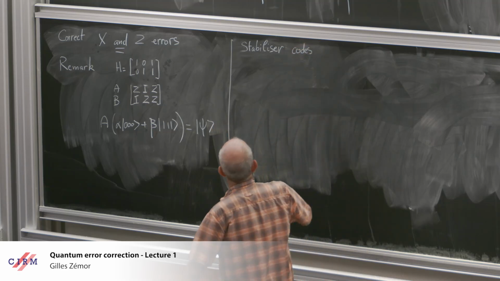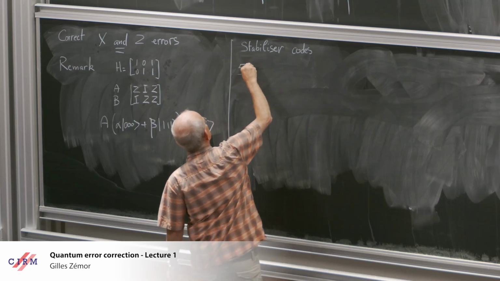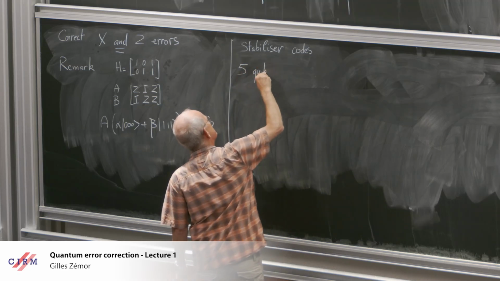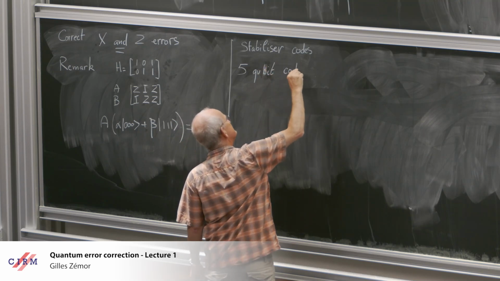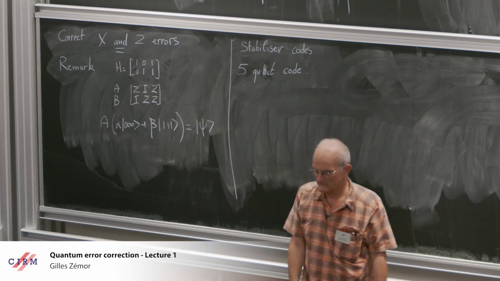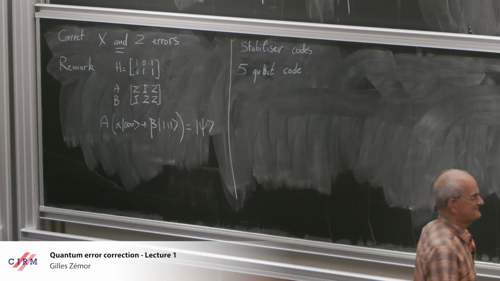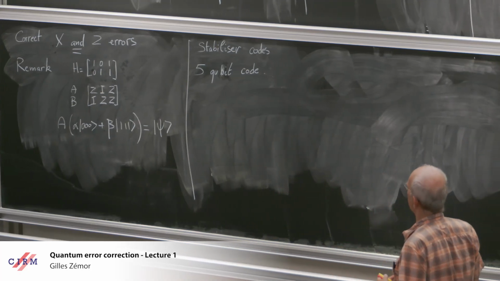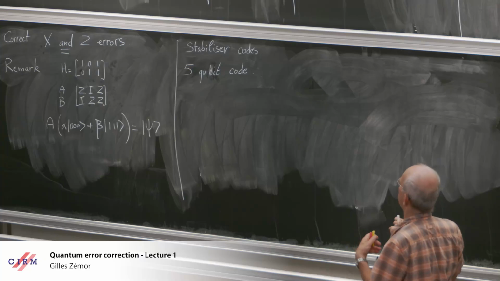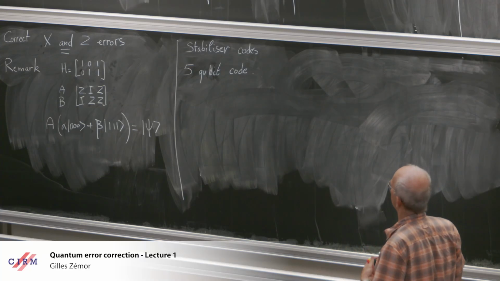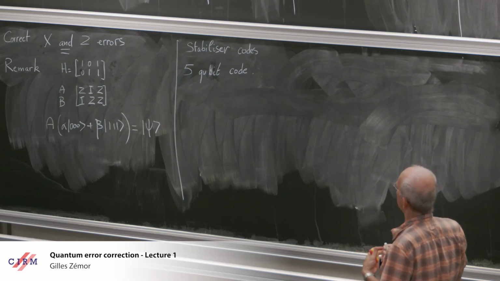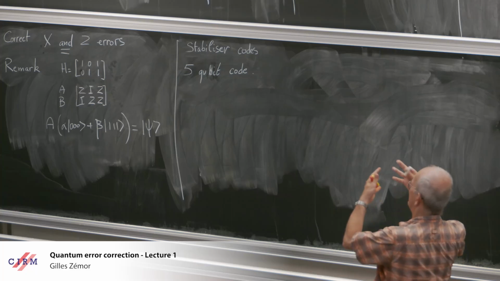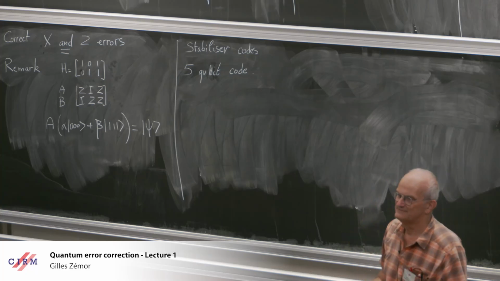So let me give the example of the 5-qubit code. In courses on quantum error correction, one often presents intermediate one-error correcting codes, the Shor code, the Steane code, and then gets to the 5-qubit code.